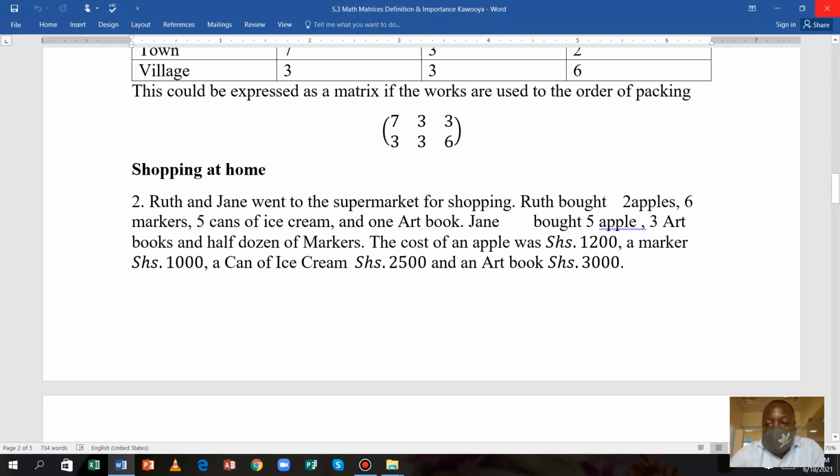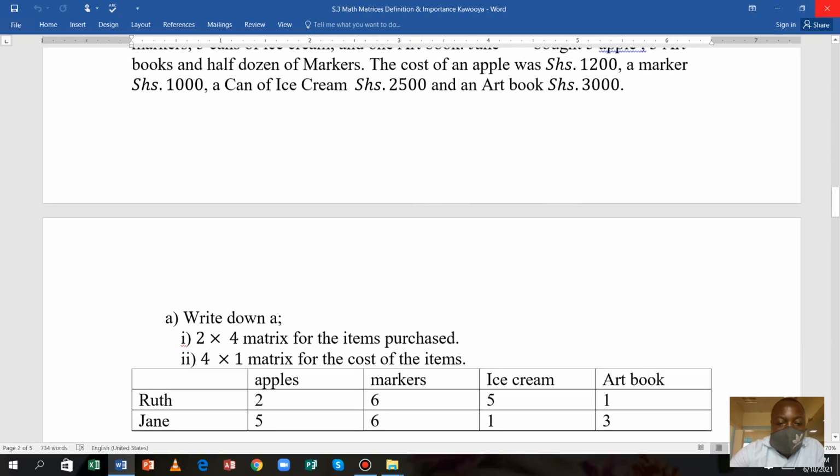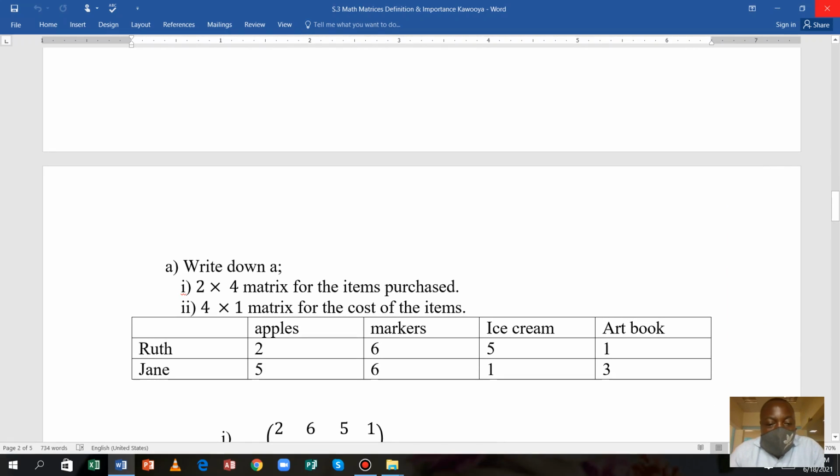Jane bought 5 apples, 3 art books, and half a dozen markers. The cost of an apple was shillings 1,200, a marker shillings 1,000, a can of ice cream shillings 2,500, and an art book 3,000. We can write a 2 by 4 matrix of items purchased.